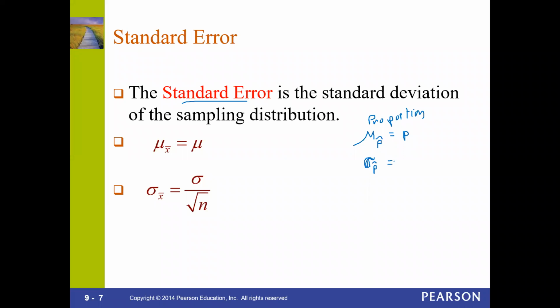What's the formula again? Try to remember that. I think it was just the square root of p times 1 minus p over n. This is what we had previously. Now we're doing the mean. That was for proportion, that was before. So we're done with that.